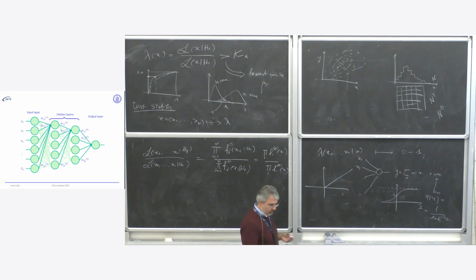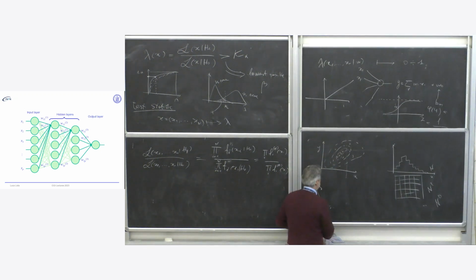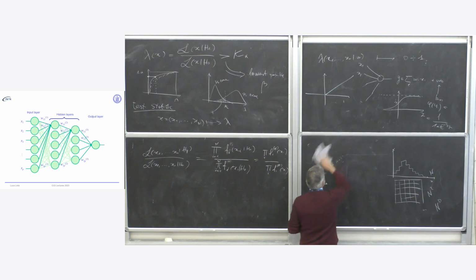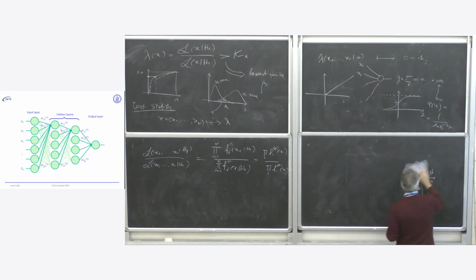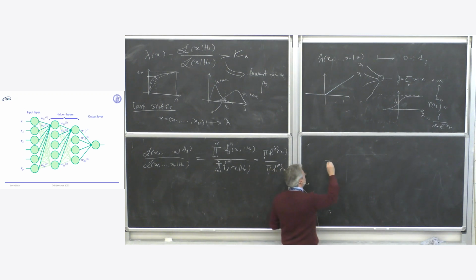What's the advantage of some technology like this? There is a theorem that says that given a neural network with just a single layer, if you take a number of nodes which is sufficiently large, so you take your inputs x1, x2, ..., xn, okay?